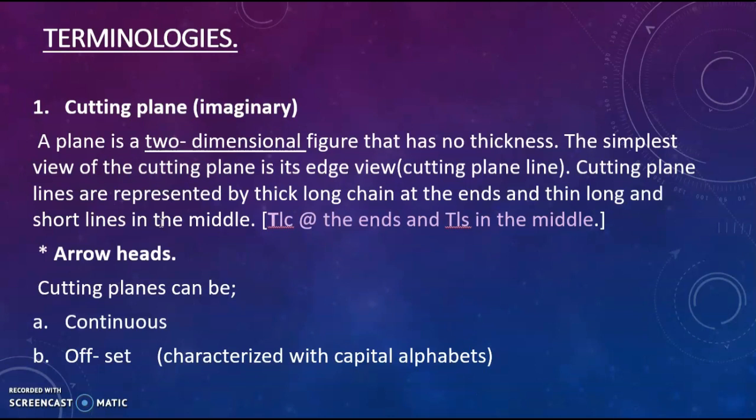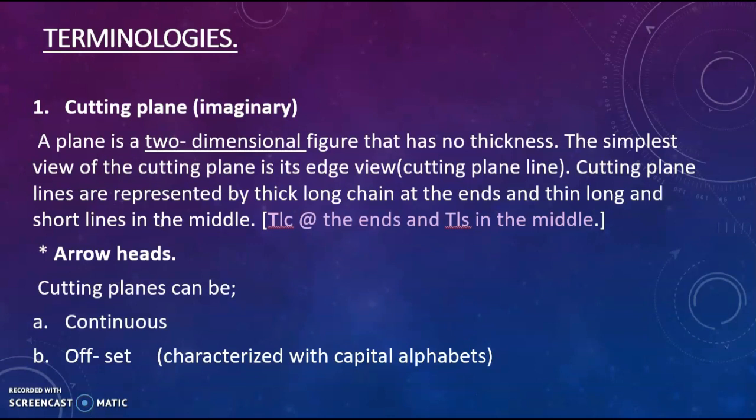The simplest view of this cutting plane is its edge view. Whenever you look at the edge view of the cutting plane, you get a clear and simple view of the sectioning. It's an imaginary plane, so it is not shown. That's why in the explanation of a plane, we said it has no thickness. So the cutting plane is not represented by a straight thick line, no, for it to appear as an object line.